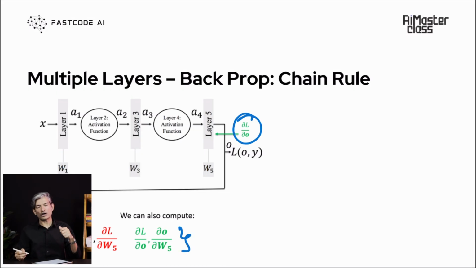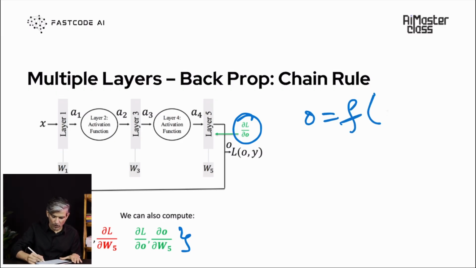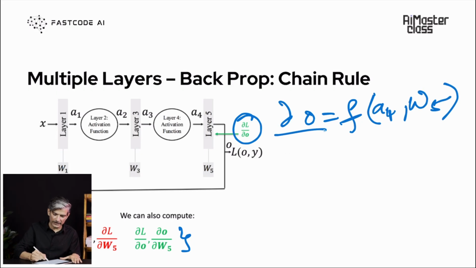Why? Because the output here directly depends on my weights, because my output is some function of my input, in this case A4, and my weights W5. So we can directly differentiate output with respect to my W5.